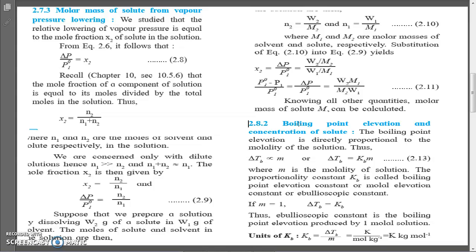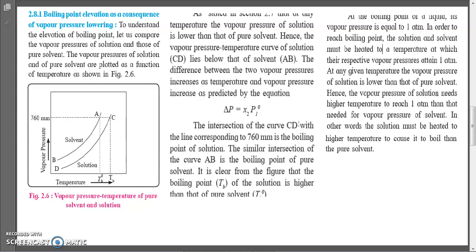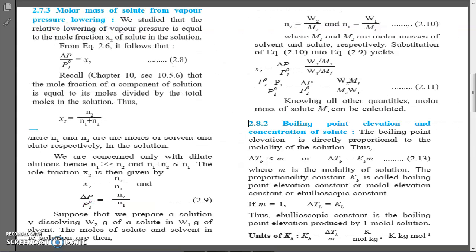We have now seen the derivation of the molar mass of solute from vapor pressure lowering. Next is boiling point elevation and concentration of the solute. Elevation means increase in the boiling point. What is the relationship between boiling point elevation and solute concentration?